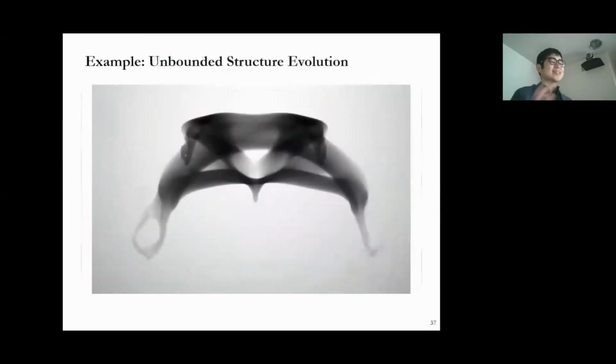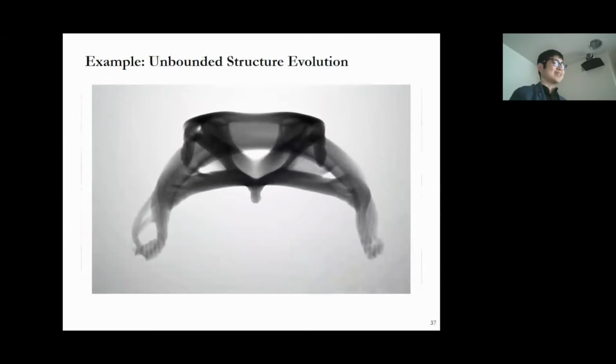And since our grid is not bounded by any boundary, we can let our structure grow from a void region, and eventually design something that is not constrained by a design domain. So we can design any kind of shape or structure that can occupy some space that you don't know ahead of time.